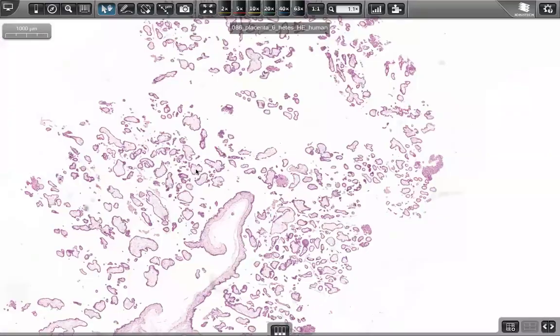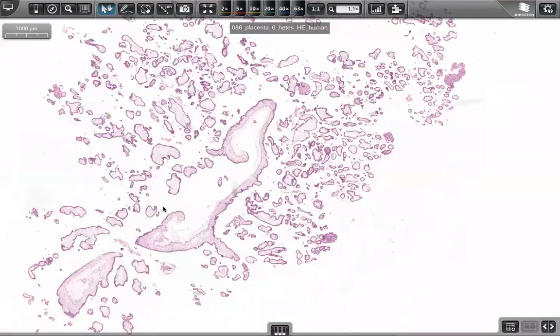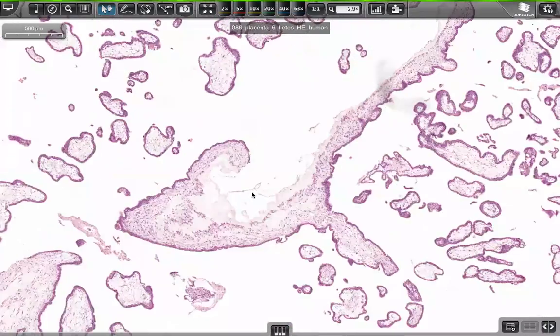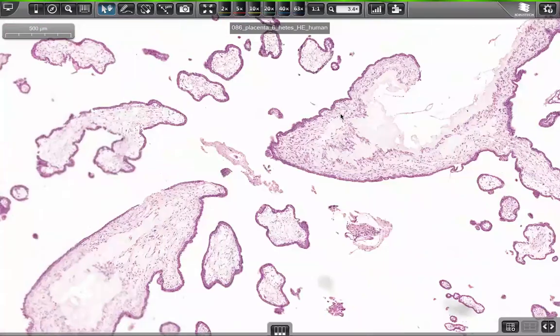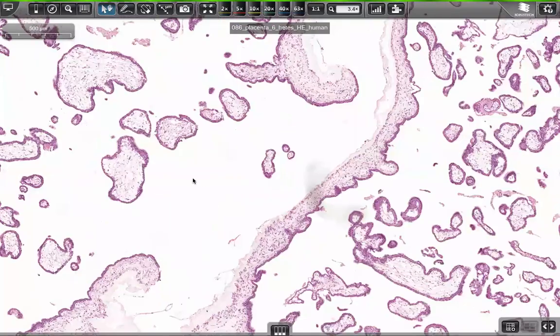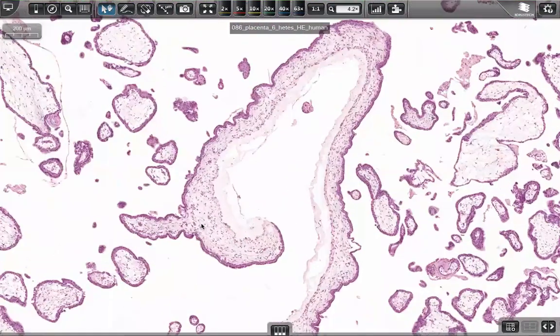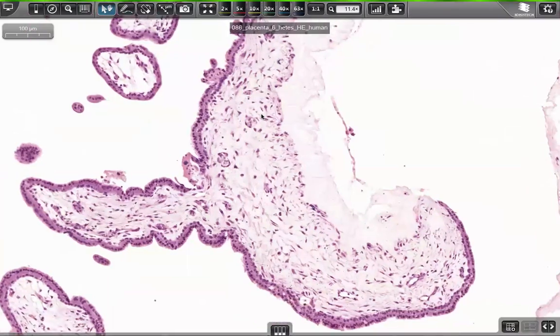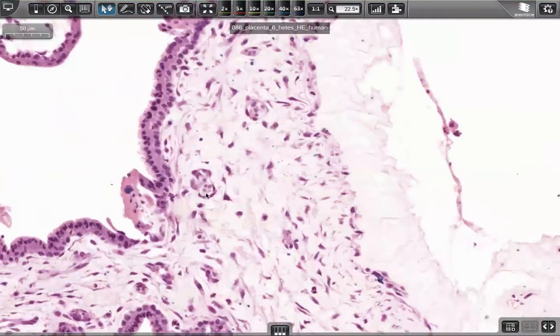So tertiary villi represent fetal vessels inside the mesenchymal core, surrounded by trophoblast cells. When we are looking at a bigger villus, for example here or maybe there, we have some capillaries. These kinds of villi are tertiary villi.